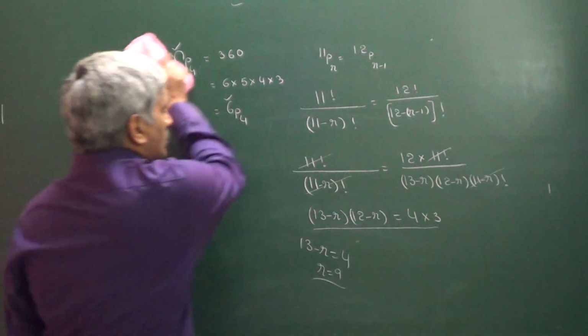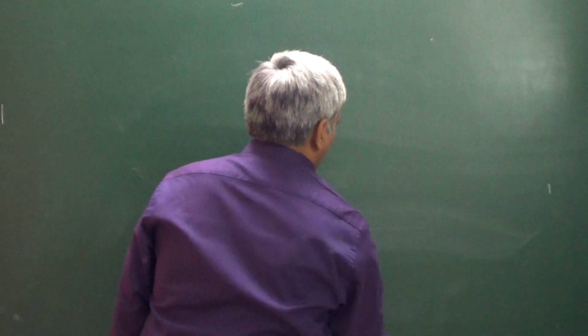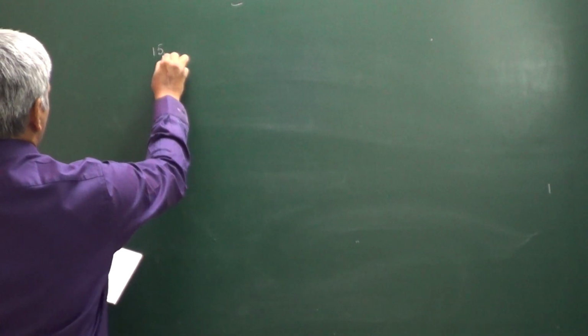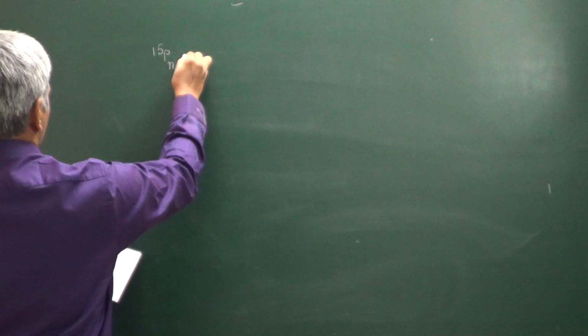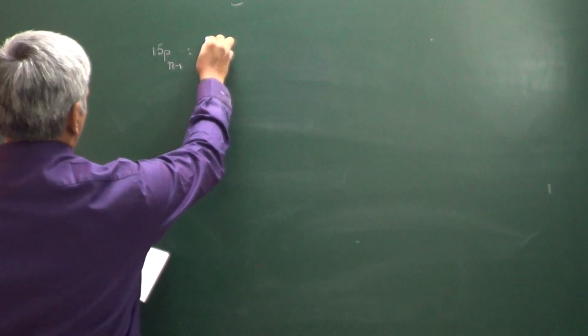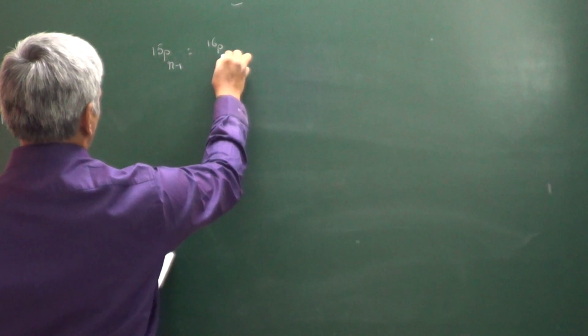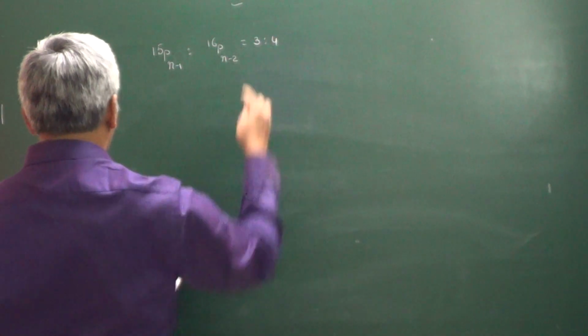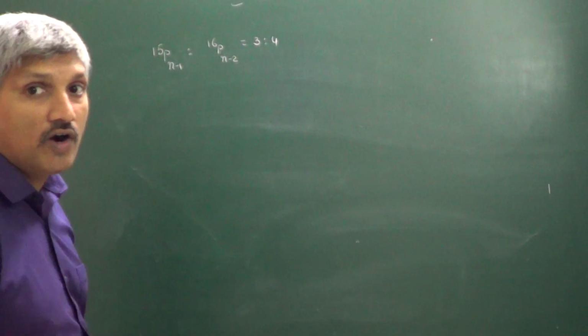So this is another question. The question is given in this way: 15P(r minus 1) is to 16P(r minus 2), and the ratio of these two is given as 3:4. Then find the value of r.